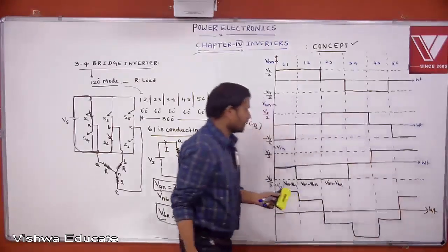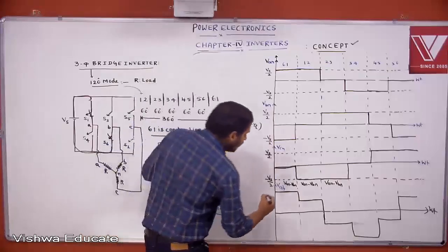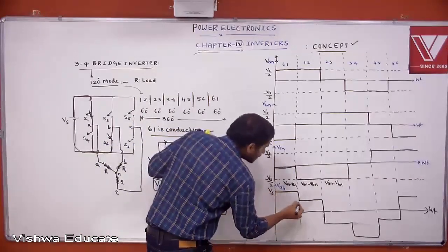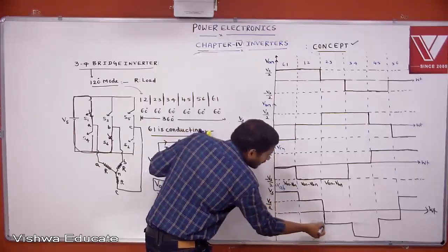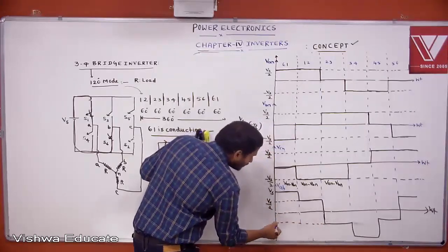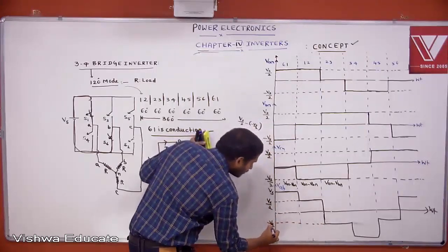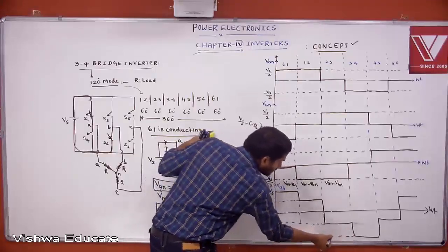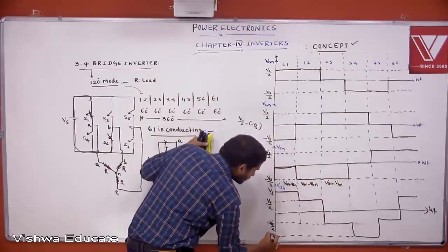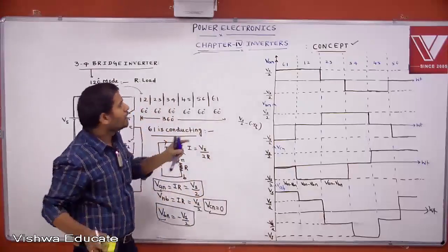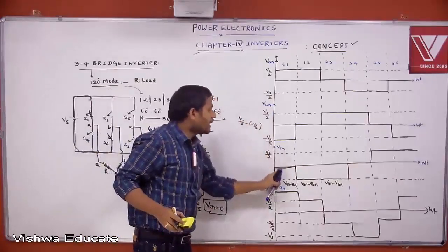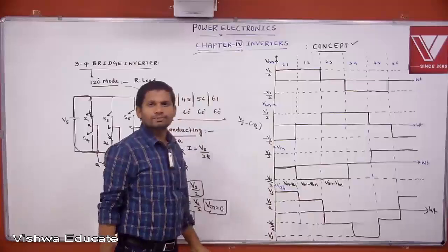This we can get; this is the wave shape. What is the amplitude of this one? Plus Vs. Then Vs by 2. Then minus Vs by 2. Then minus Vs. Clear? Understand? Okay.